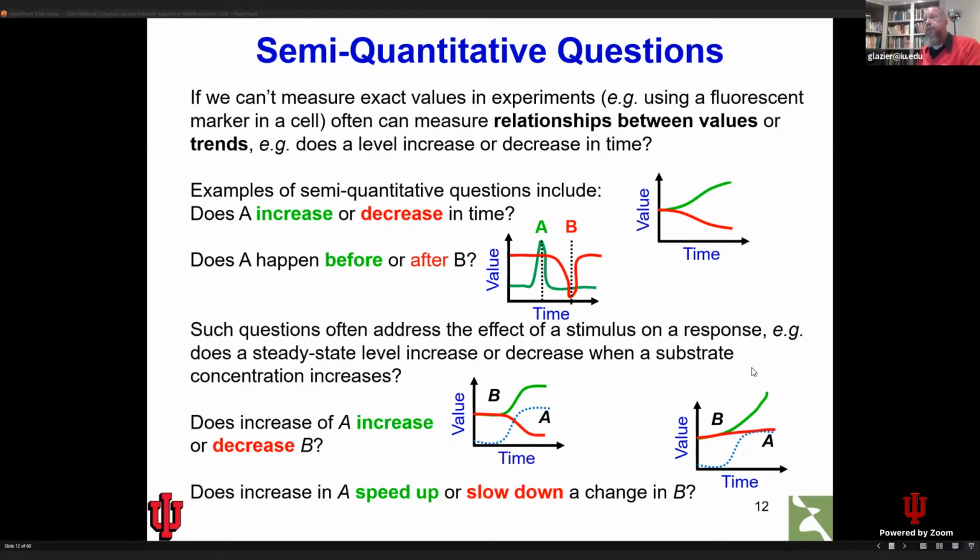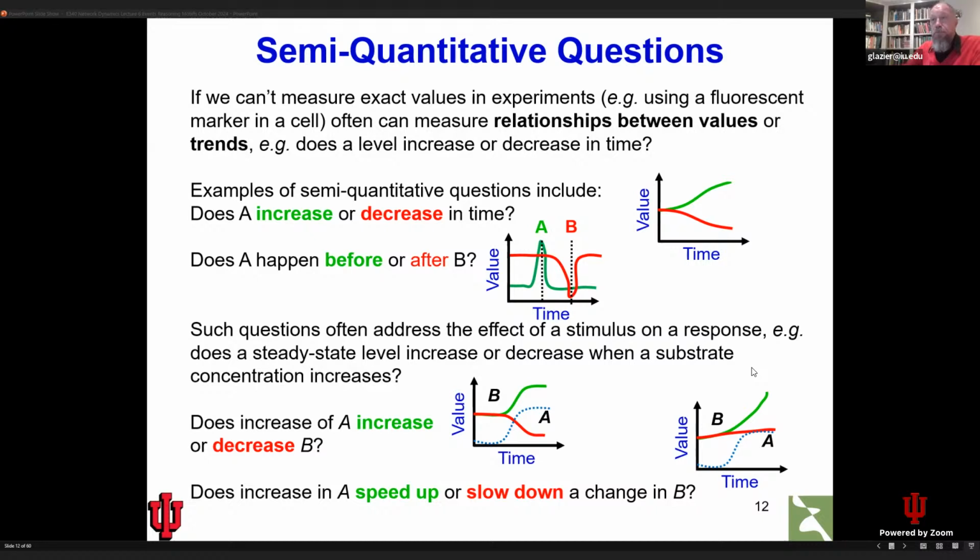And again, this is something that biologists do all the time because it's hard for them to experimentally give absolute numerical values for things. And so we typically are looking for relationships between values or trends. The simplest one typically is, does A or B increase or decrease in time?